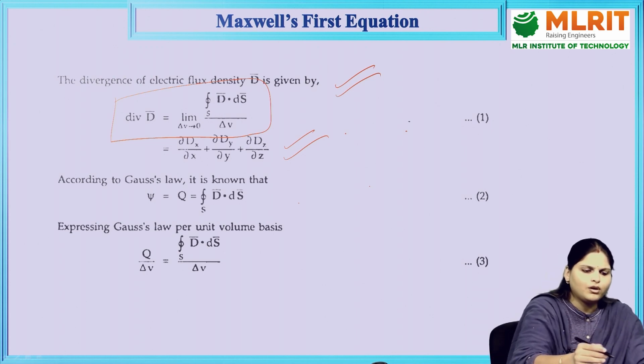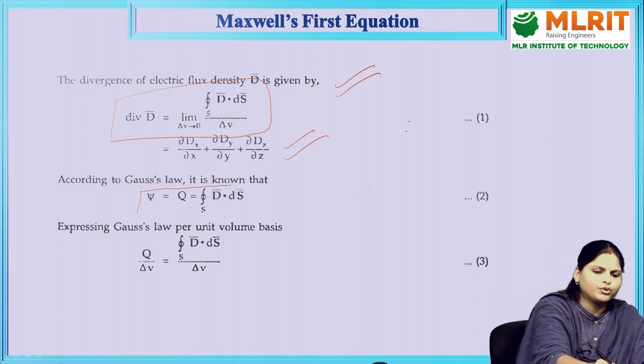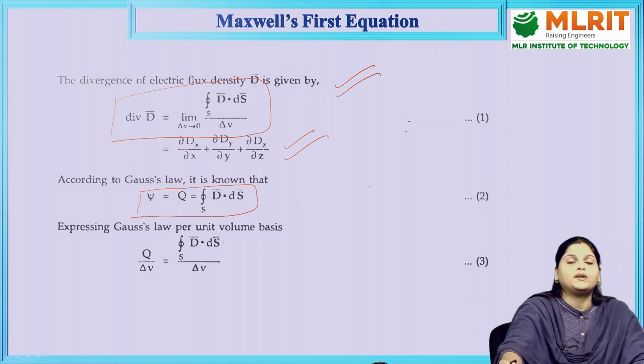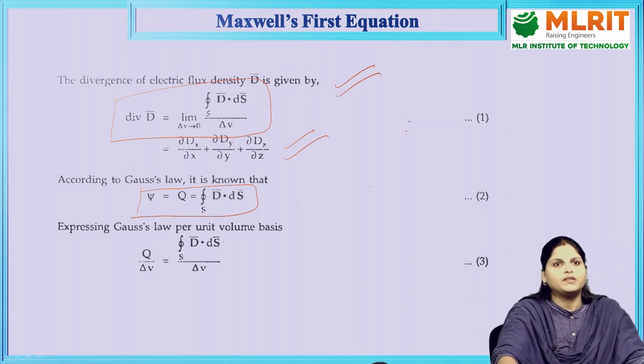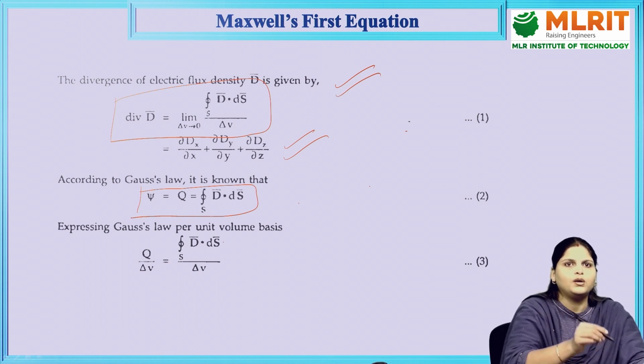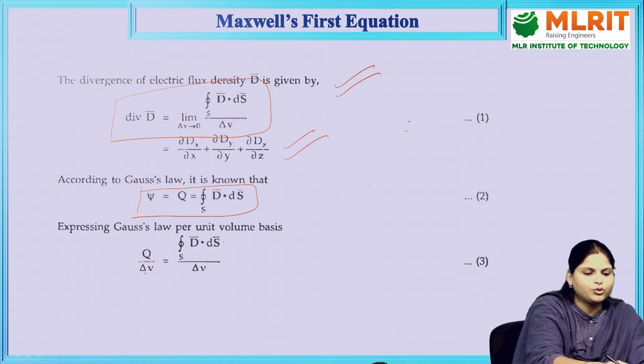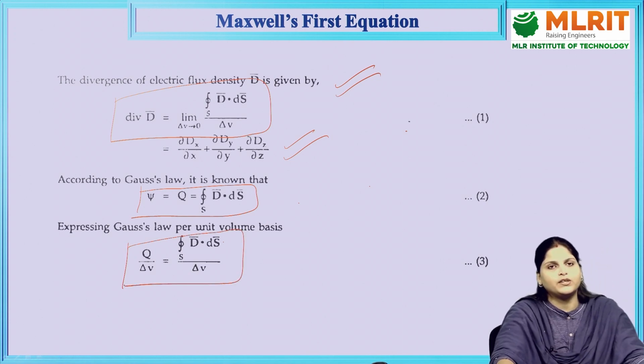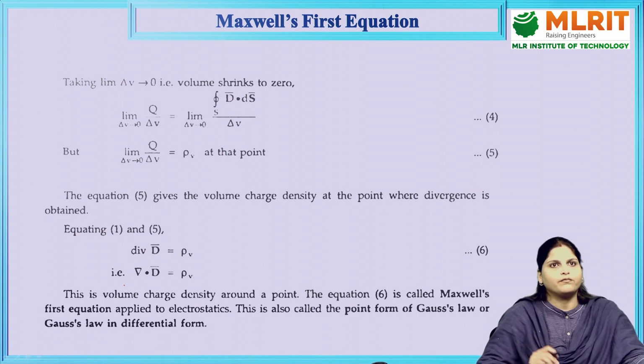According to Gauss law, psi is equal to Q, which is equal to the surface integration of D dot ds. Expressing this Gauss law per unit volume basis, we get Q upon del V is equal to the surface integration of D dot ds upon del V.